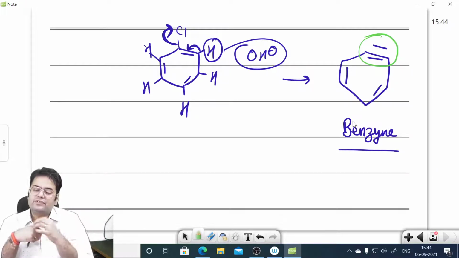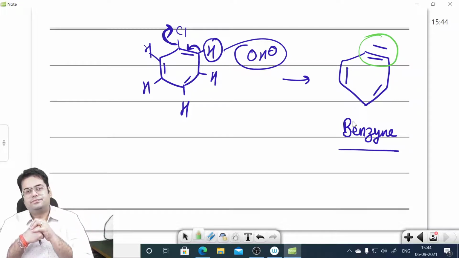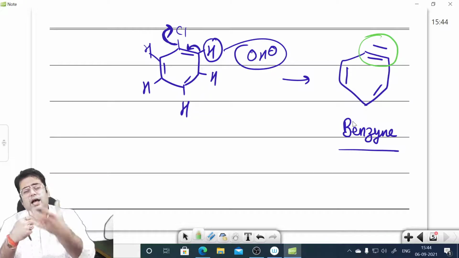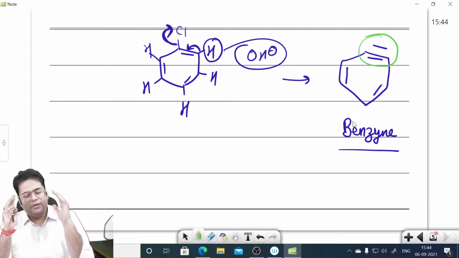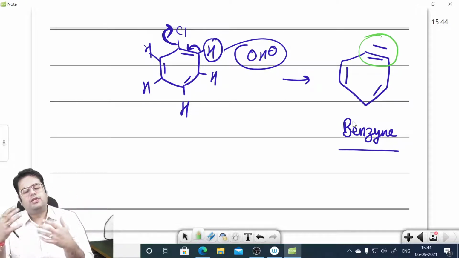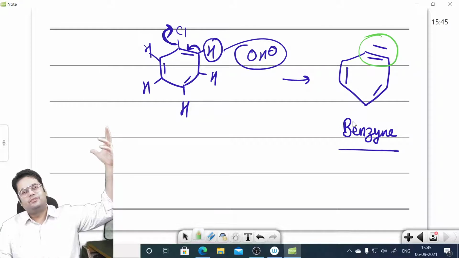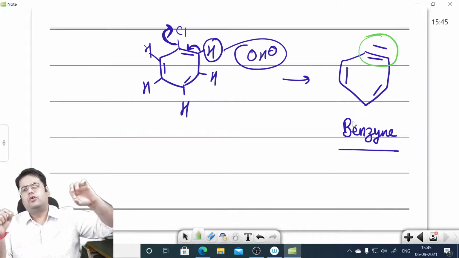So now this structure is pretty unstable, and it is highly reactive. Now what will happen? As we can assume, we are pretty well versed with this sort of addition reaction. So it will call for an addition.